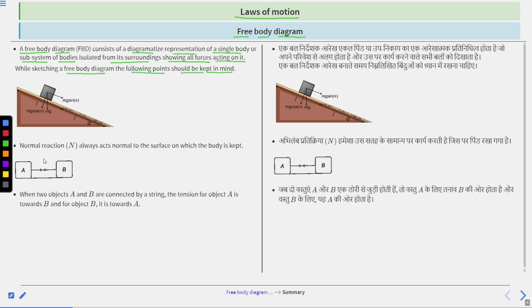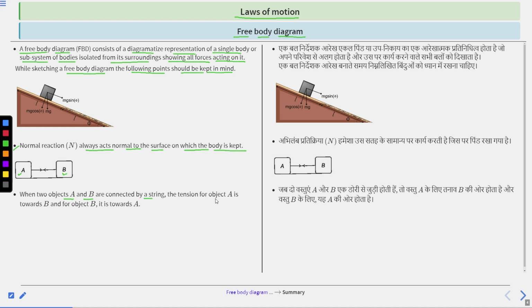Clear? And the normal reaction always acts normal to the surface on which the body is kept. Clear? So when two bodies A and B, this is body A and this is body B, are connected by a string, this is the string.